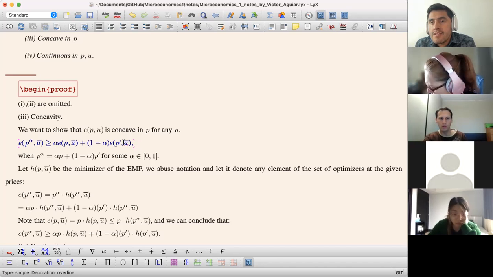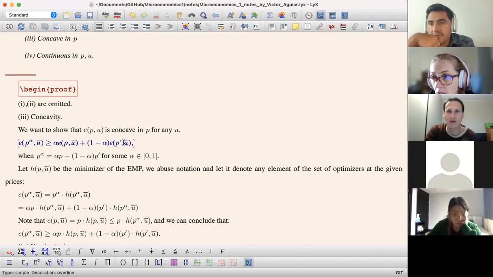Do you agree? How do you know it's concave? Derive it twice. What is the sign of the second derivative of the square root of x? Negative, yes. So the second derivative is negative.